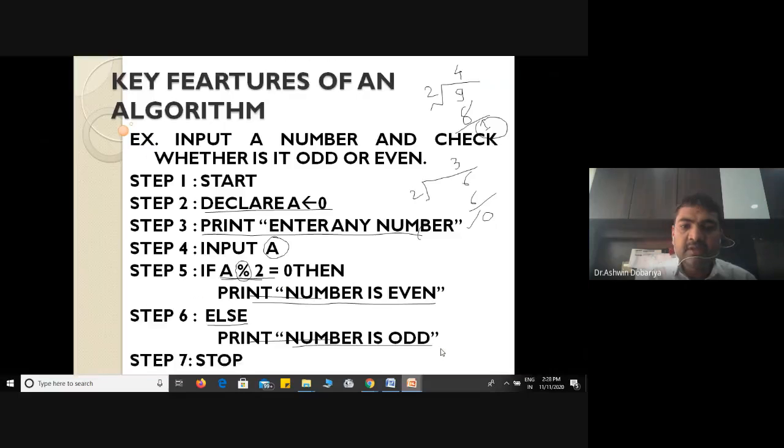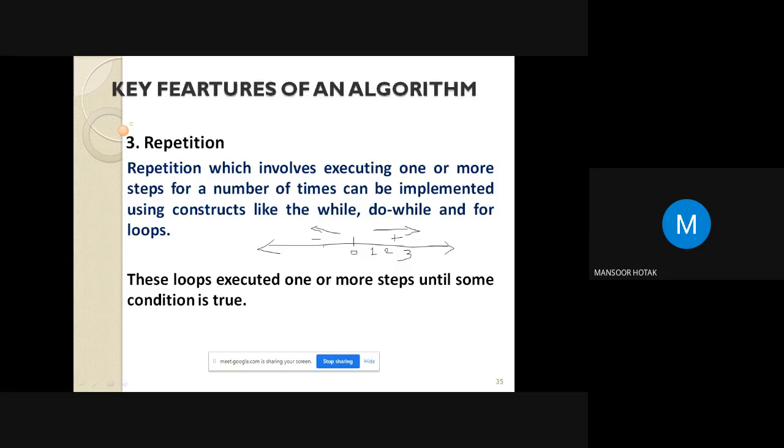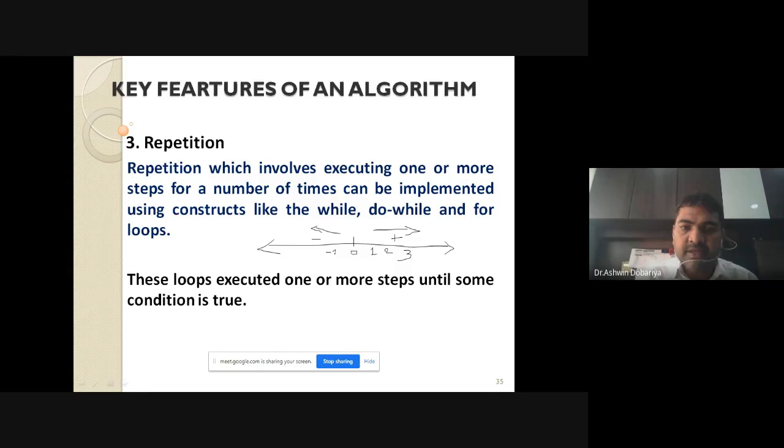Let me think about the mathematics again. As you know, in mathematics, exactly 0 is in the middle. On the right-hand side, you have all the positive numbers: 1, 2, and so on. On the left-hand side, all the negative numbers: -1, -2, like this.